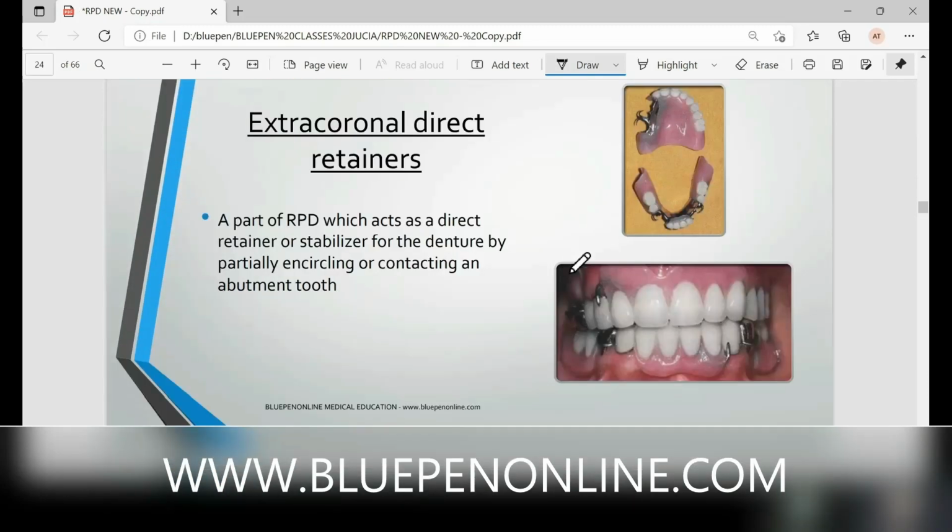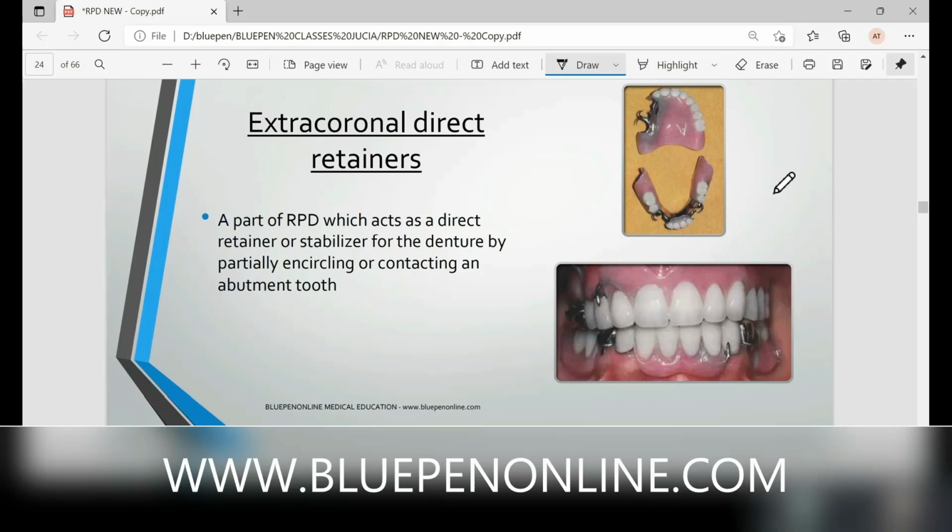What are the extracoronal direct retainers? This is a part of the RPD which will actually help to directly retain or directly stabilize the removable partial denture framework. It can contact or it can encircle the tooth completely. We'll see the complete encirclement, and we will also see the contact type.